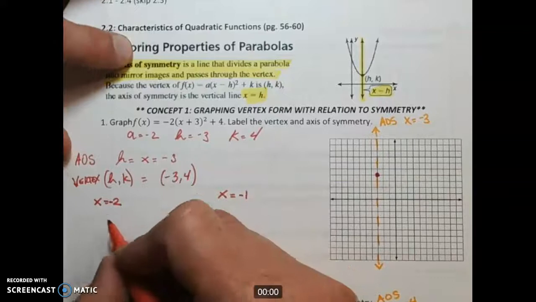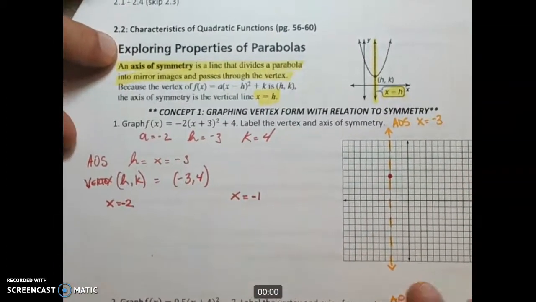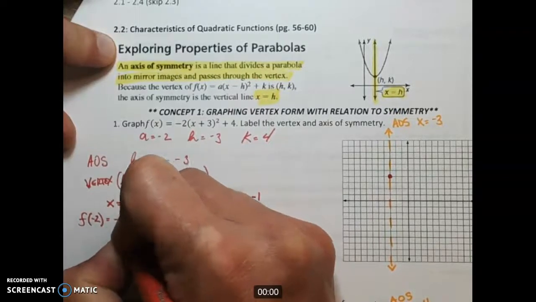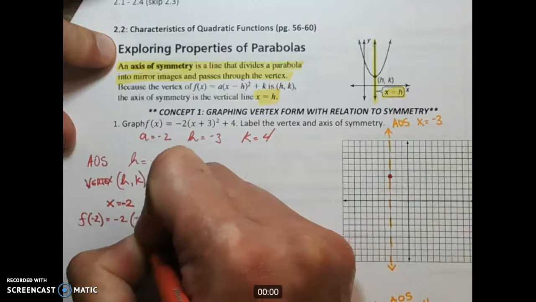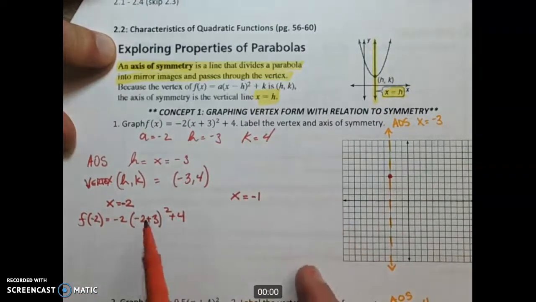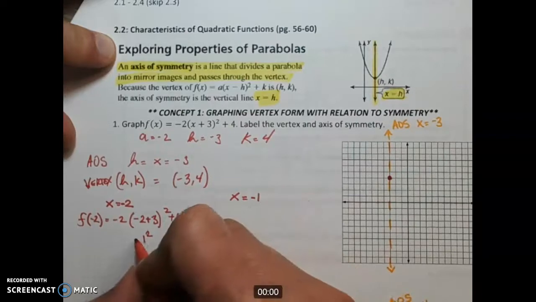Alright, so here we go. x equals negative 2. So what I'm going to do is f of negative 2 equals negative 2 times negative 2 plus 3 squared plus 4. If I choose the one to the right, negative 2 plus 3 is 1 squared.